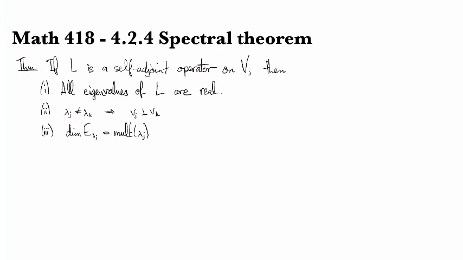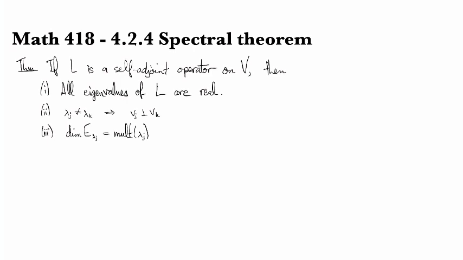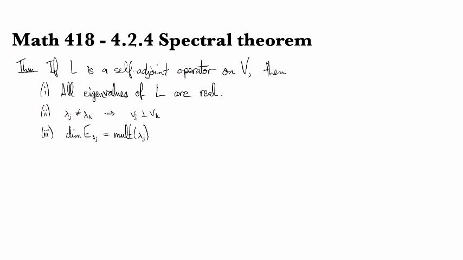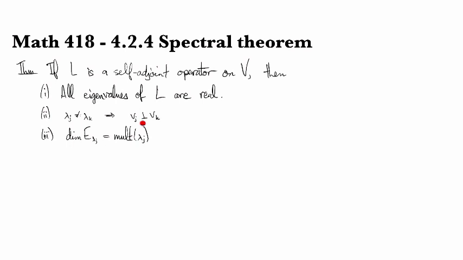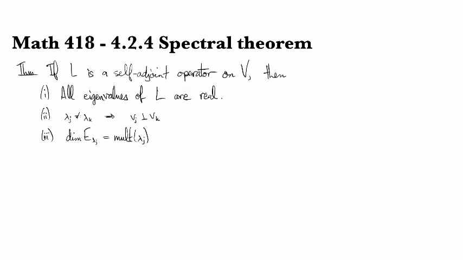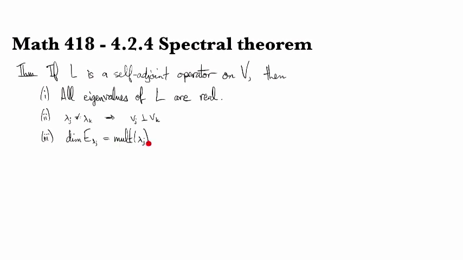So here's how it goes. We'll start with the simplest version. If L is a self-adjoint operator on an inner product space V, then all of the eigenvalues of L are necessarily going to be real. If you have two different eigenvalues, their corresponding eigenvectors will be orthogonal to each other, and the dimension of every eigenspace is equal to the multiplicity of the corresponding eigenvalue.